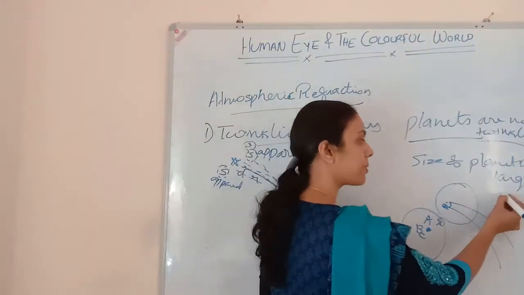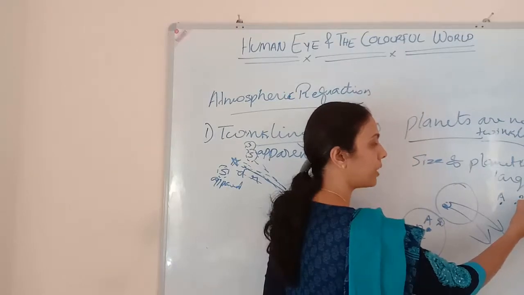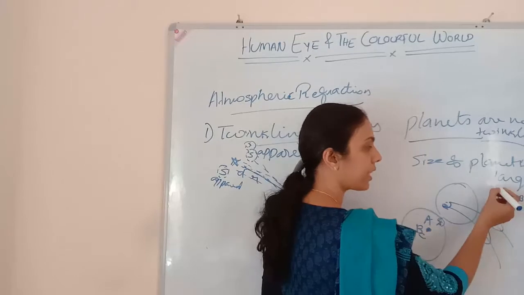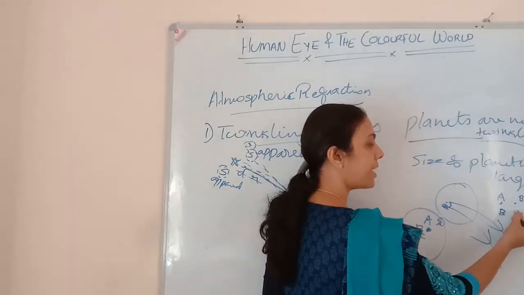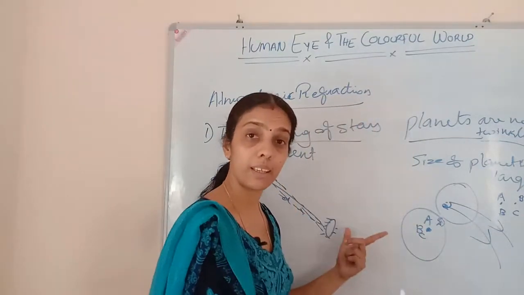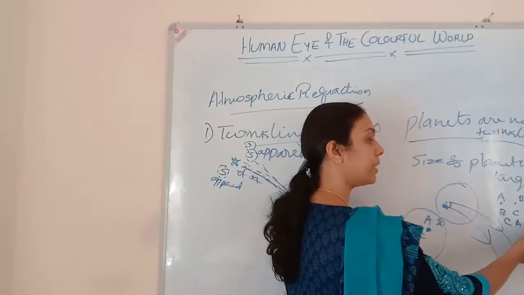So suppose we are observing the position A. The actual position of B is over here, the actual position of C is over here. Because of atmospheric refraction, first time maybe we will see B over here, and next C over here, and A over here. Next time while we are seeing, C will be here, A will be here, B will be here.